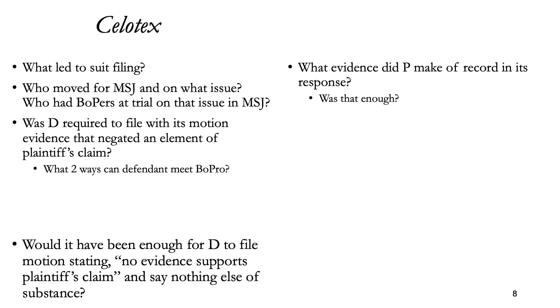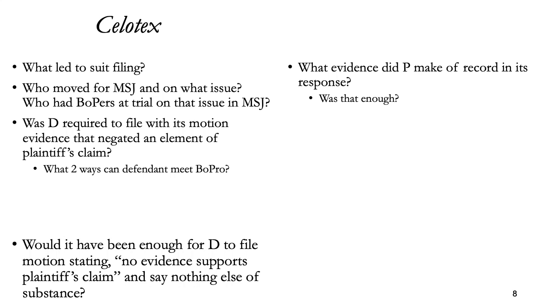It says, in such a situation, so they've had time for discovery, and the moving party has shown they don't have evidence of an element of their claim, there can be no genuine dispute as to a material fact, since a complete failure of proof concerning an essential element of the non-moving party's case necessarily renders all other facts immaterial.